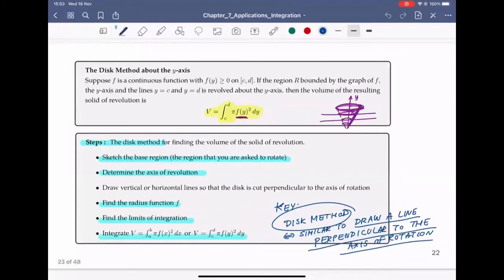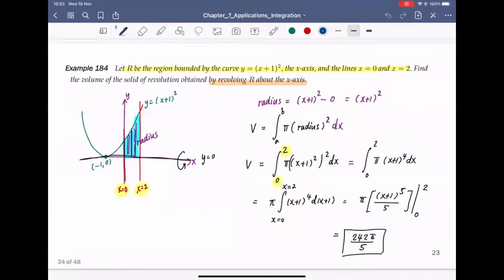Let's see the example that we just did last time. Example 184. We have a region that I highlight in light blue. If you look at the slide now, you're going to see that we have the region R highlighted in light blue.